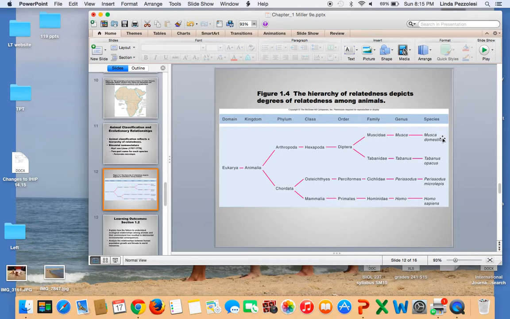So Musca domestica, that's a housefly. You're going off here, off this chute with another fly. We're going to end up down here with a cichlid fish, and down here with Homo sapiens, which are, of course, humans. There are other species within the Homo genus, like Homo erectus, but they're extinct.